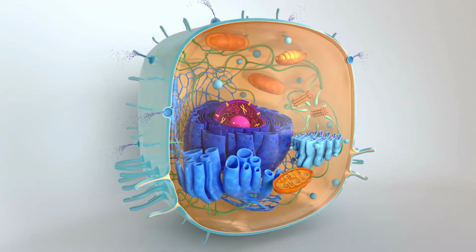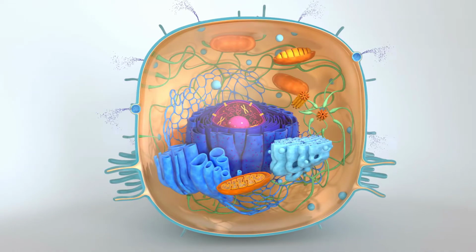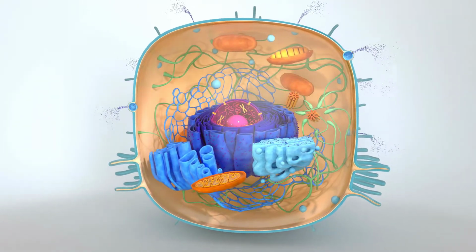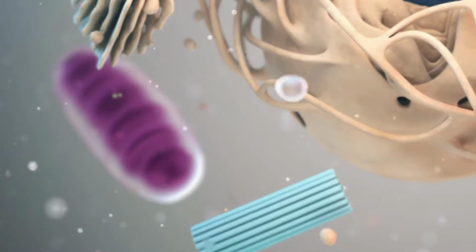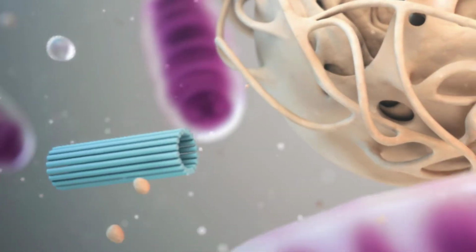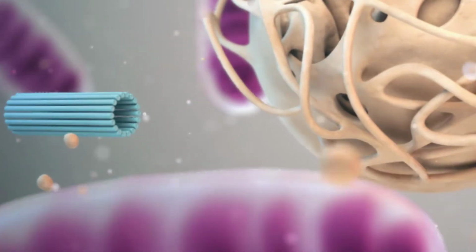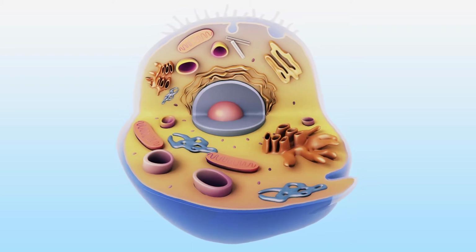Lysosomes. Lysosomes contain enzymes for intracellular digestion of bacteria, cellular debris, and worn-out cell parts. Centrioles. Centrioles organize part of the cytoskeleton or protein filaments found in animal cells. Only animal cells have lysosomes and vacuoles.